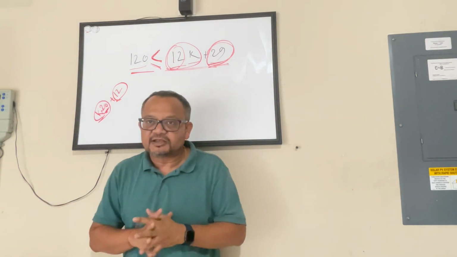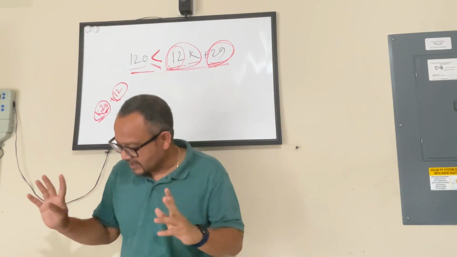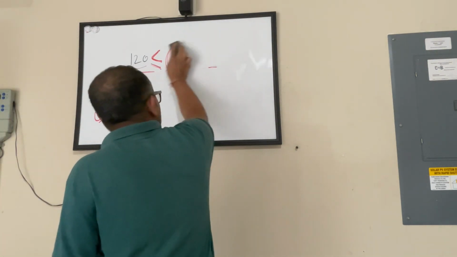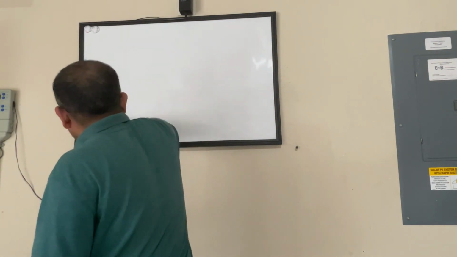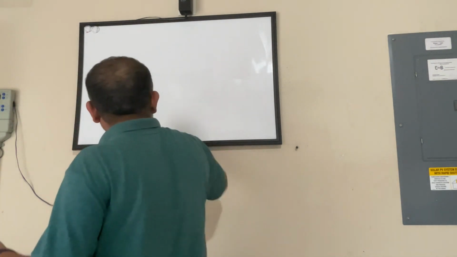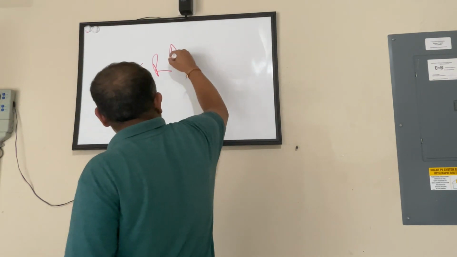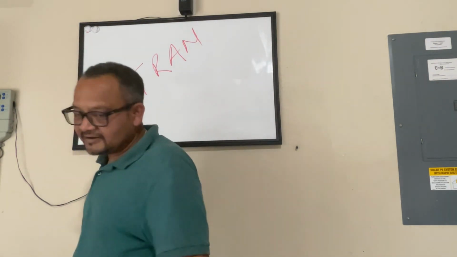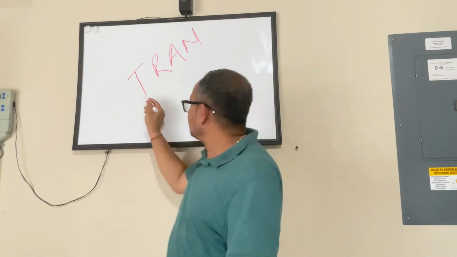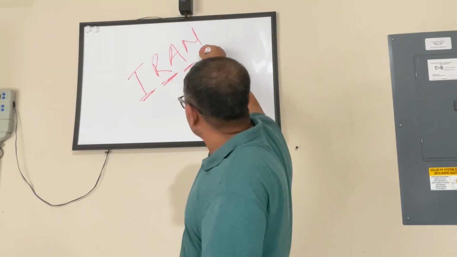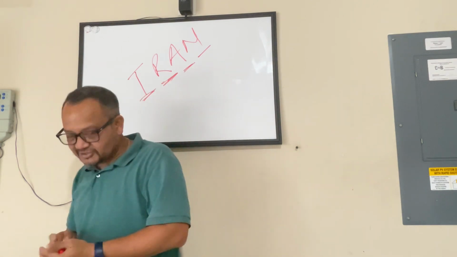We have not learned anything new so far, honestly speaking. What we are doing is practicing the same thing that I keep selling to you guys. I call it TRAN: Trust, read and read and read, and then analyze, and then N stands for Nike, just do it.